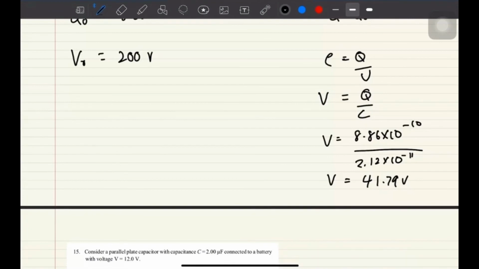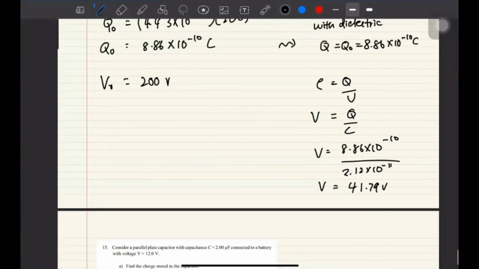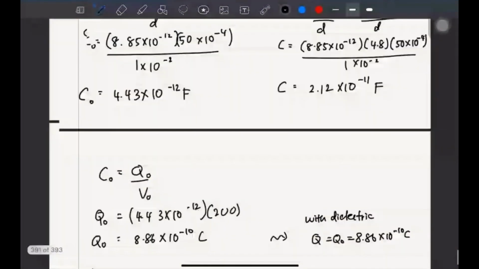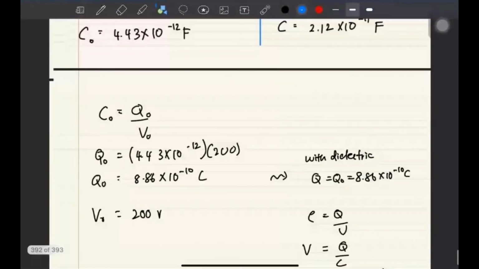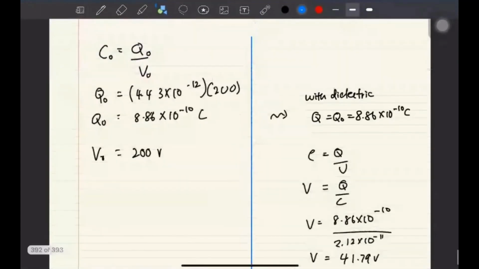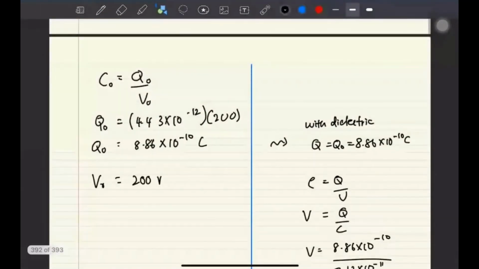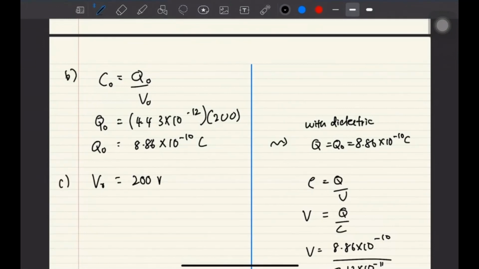Okay, so I think the calculation is correct, just that the answer might be slightly different, mainly because of the decimal points. That's all. Okay, so yang belah kiri ni yang kita buat untuk without dielectric. Yang belah kanan tu with dielectric materials. This one for question B. This one is for question C. Okay. So any questions?